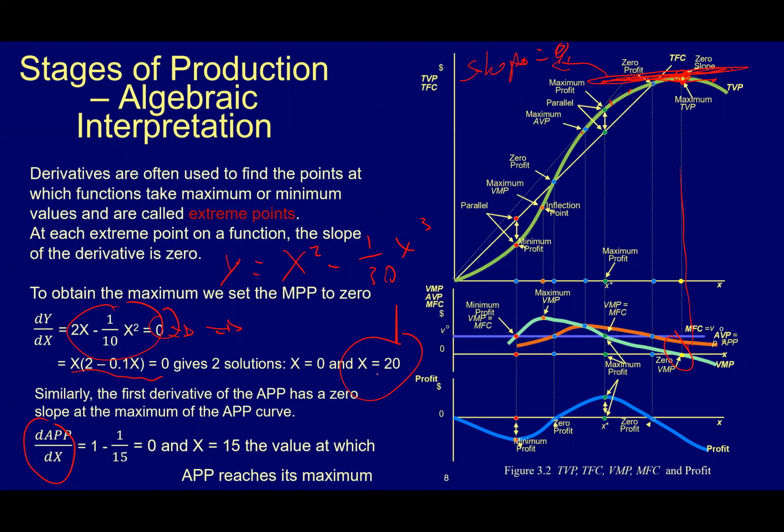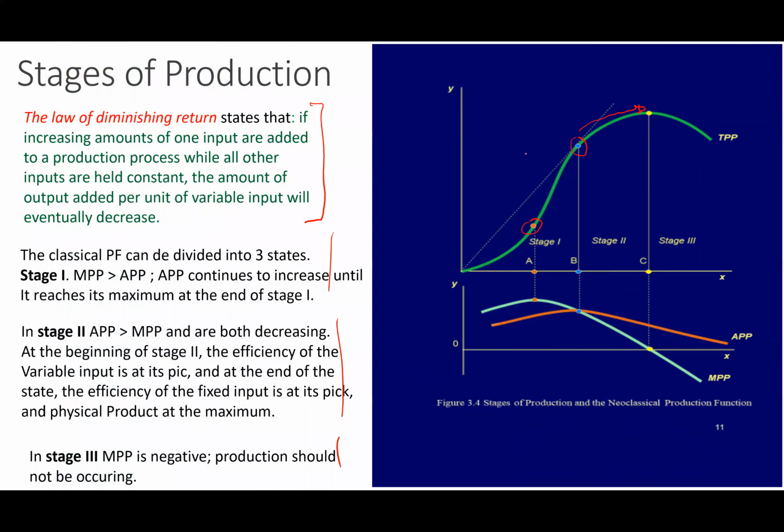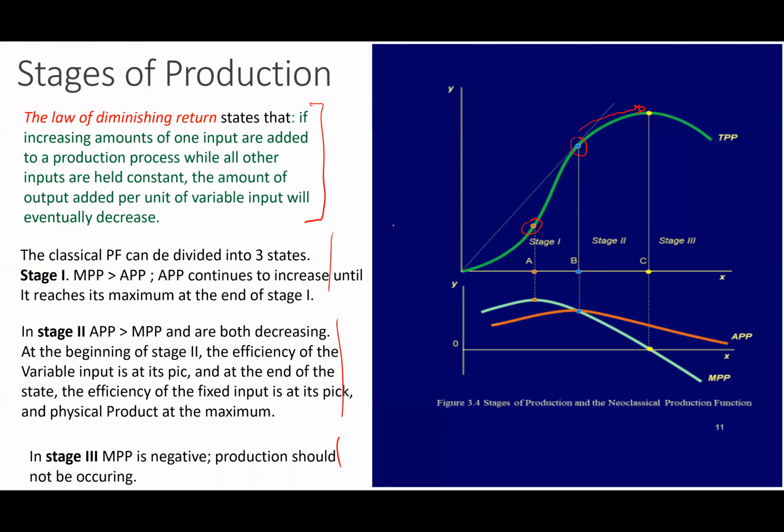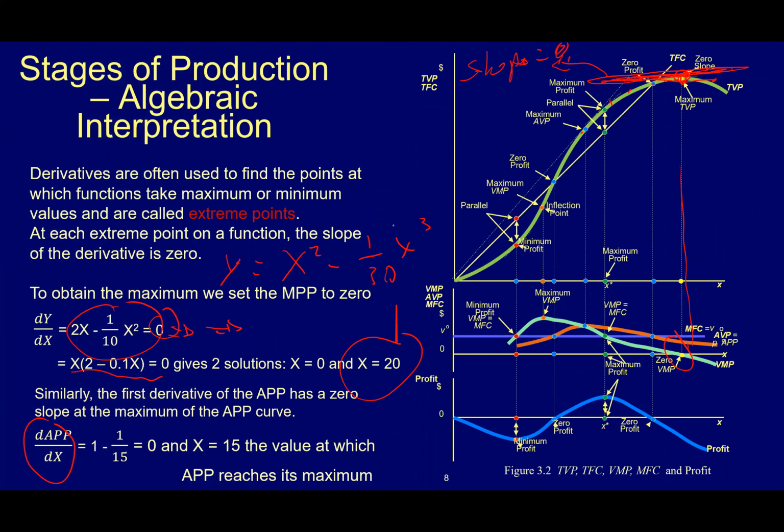We also try to find out where the inflection point is. The inflection point is where the average physical product equals the marginal physical product, and that is where stage 2 begins.